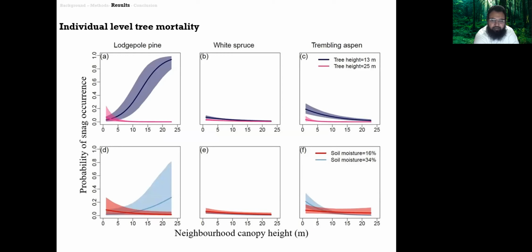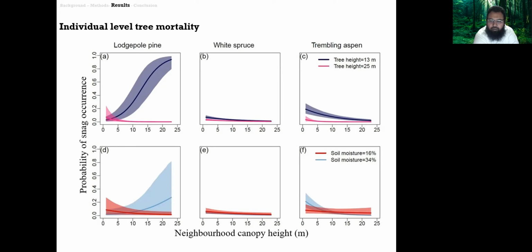In this figure, we can see shorter lodgepole pine trees as well as those located in stands with higher soil moisture were more likely to be dead when surrounded by tall canopy. So on the x-axis, we have neighborhood canopy height, and on the y-axis, we have probability of snag occurrence.